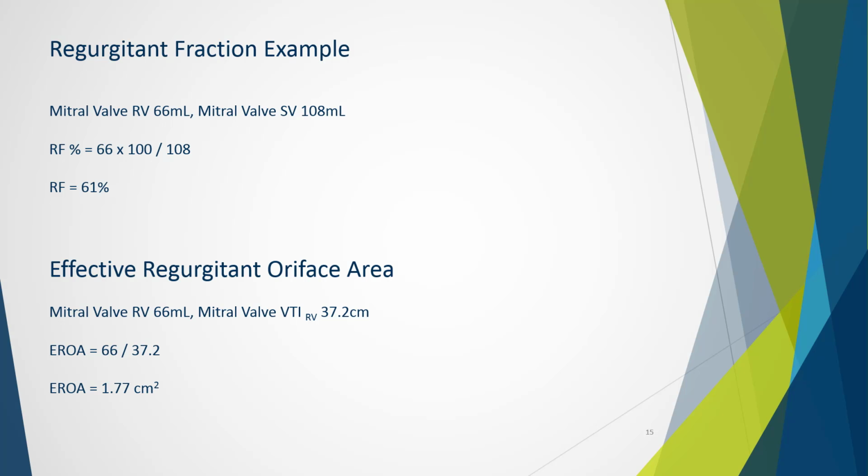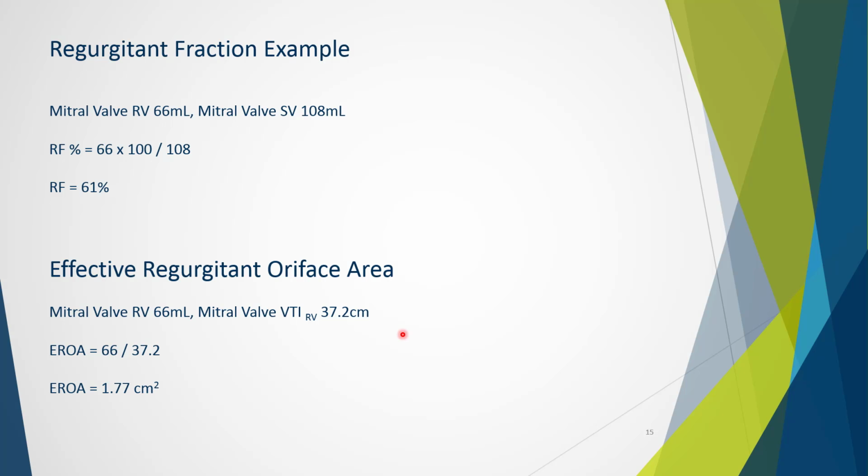Our effective orifice area is a manipulation of our stroke volume calculation, as we've just determined. So we can use our regurgitant volume of 66 mils and our velocity time integral to work out our effective regurgitant orifice area. We've already mentioned that stroke volume is equal to cross-section area times VTI.